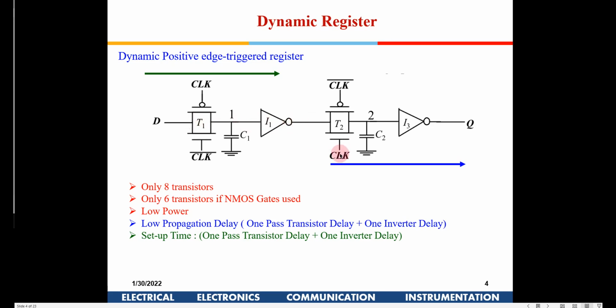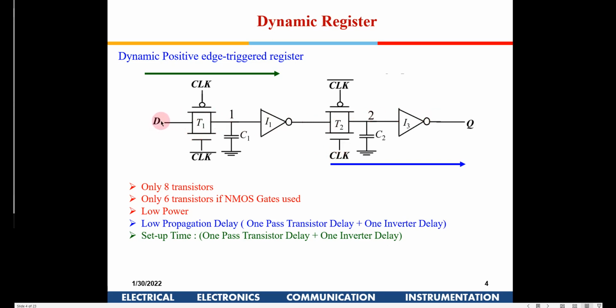So if this clock is going high at 5 nanoseconds, and both delays put together are 0.5 nanoseconds, then if the data changes at 4.5 nanoseconds, 0.5 nanoseconds is the time taken here, and at 5 nanoseconds it is being sampled, so it will take the correct data.